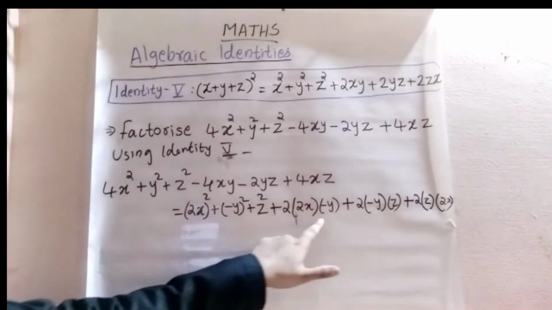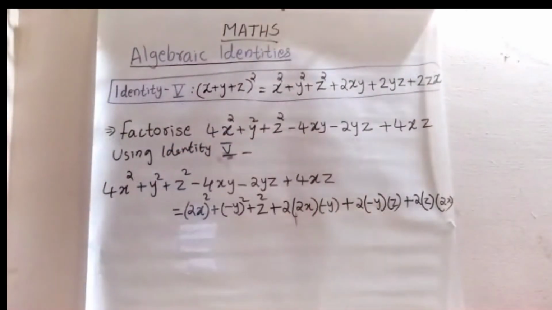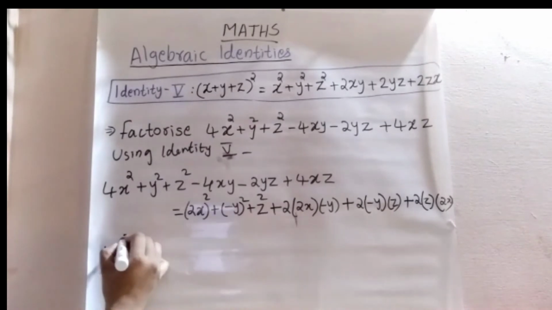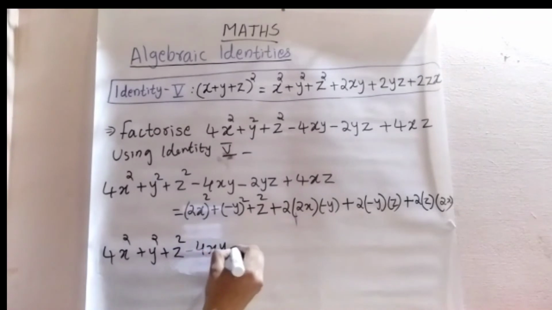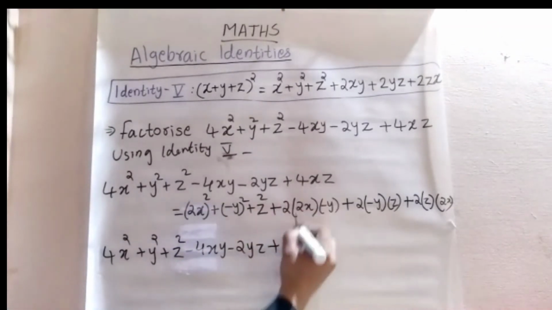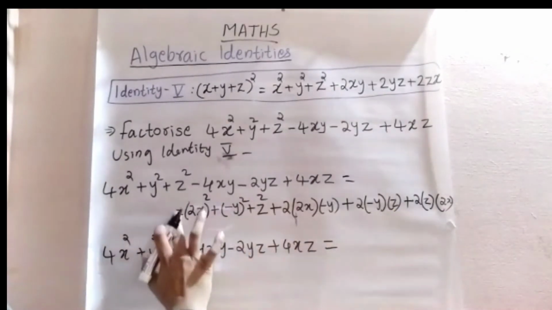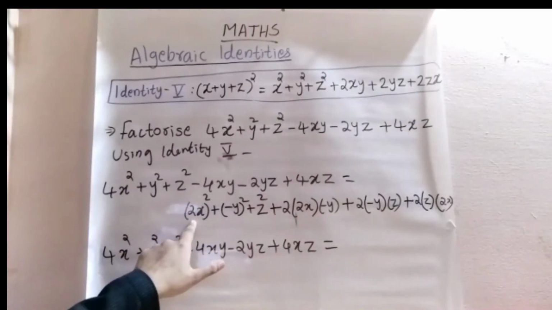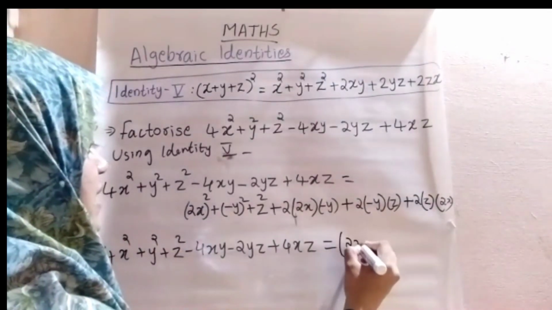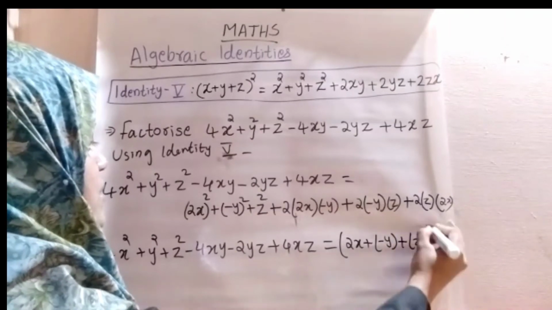When comparing this with our identity 5, we can write 4x square plus y square plus z square minus 4xy minus 2yz plus 4xz is equal to the expanded form of (2x plus minus y plus z) whole square.